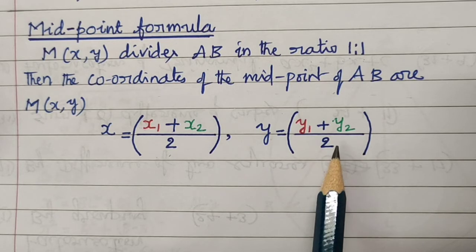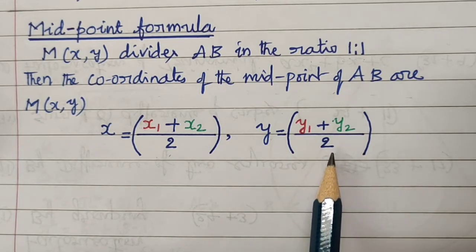These are the coordinates of the midpoint of AB when M divides AB in the ratio 1:1.